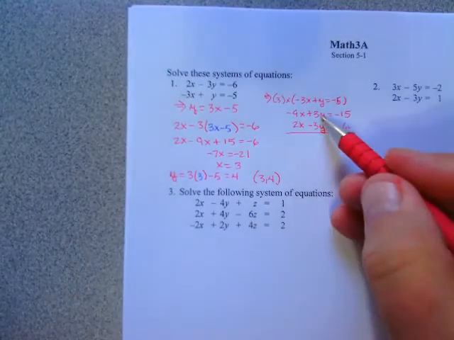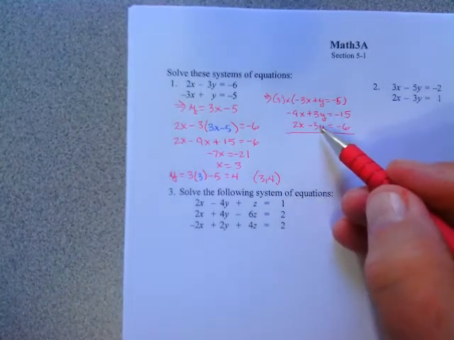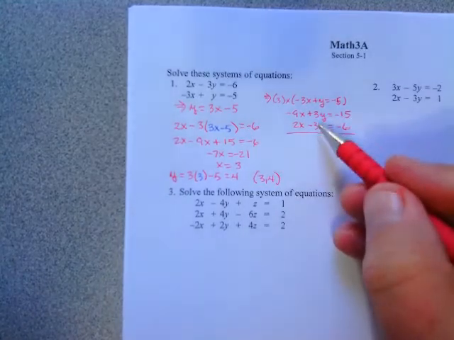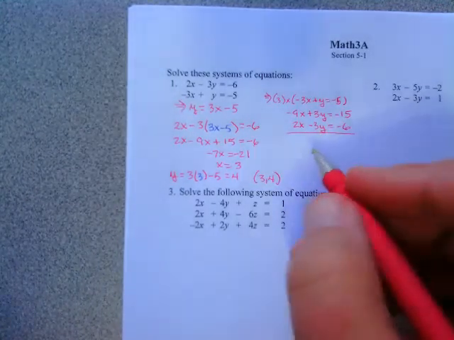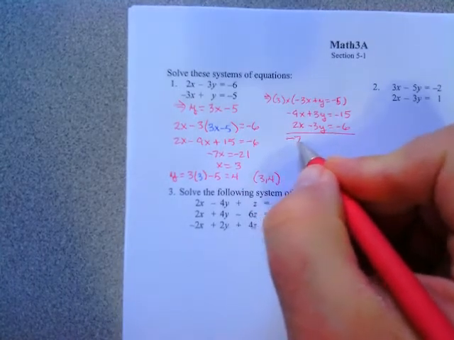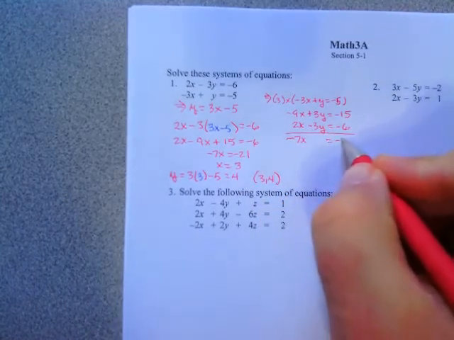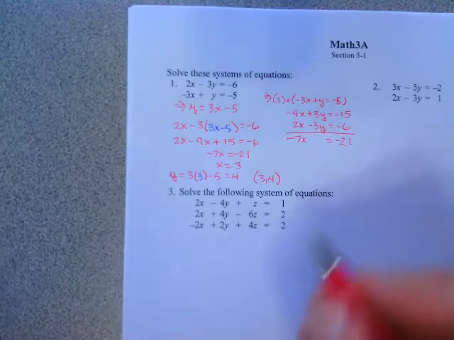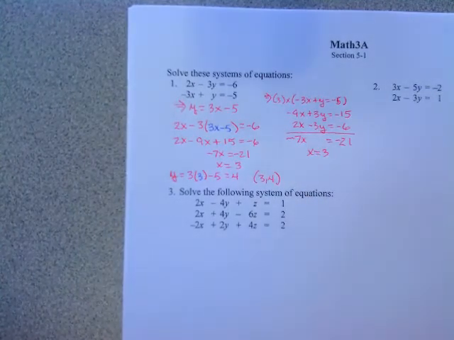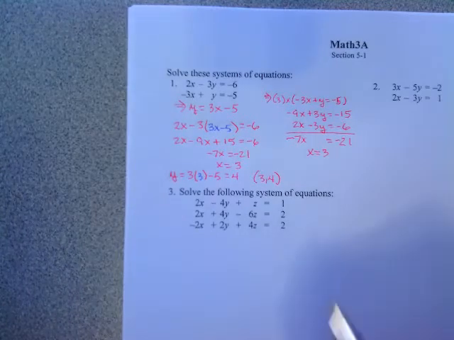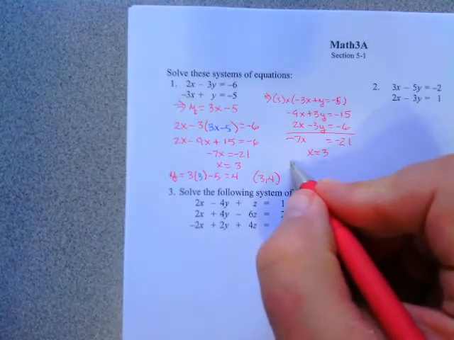Note how I have a plus 3 and a minus 3. I think of that as now they're matching. They're opposite in sign, but they're the same value. I can go ahead and add the two together. I have my negative 7x. Over here I have the negative 21. And notice that I'm right back to x equals 3. And then I can go back into either equation to find out the other part.